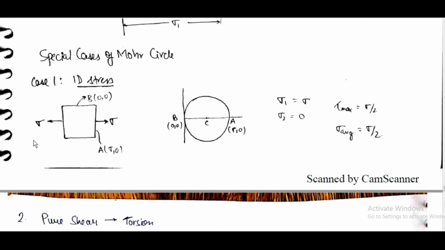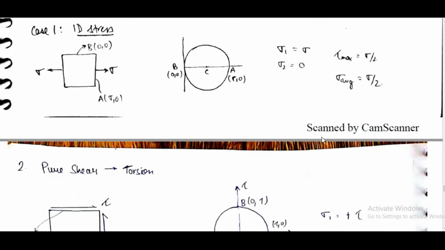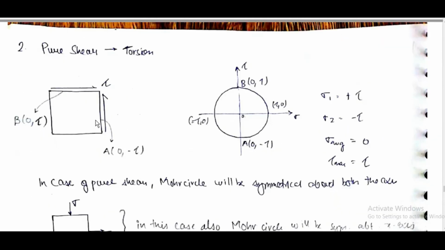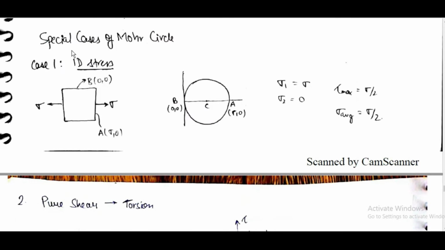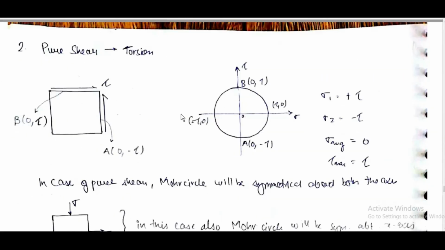1D stress: sigma 2 is equal to 0, tau max is equal to sigma by 2, sigma average is equal to sigma by 2. Pure shear: just a representation of Mohr circle. Only sigma acting: one point is 0, 0, the other point is sigma. In pure shear, A is 0 comma minus tau and B is 0 comma tau.